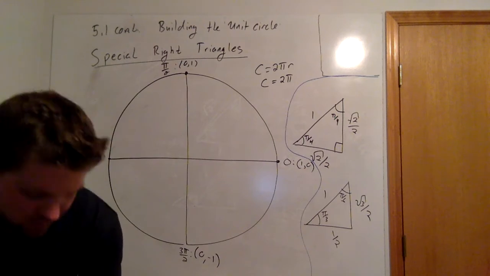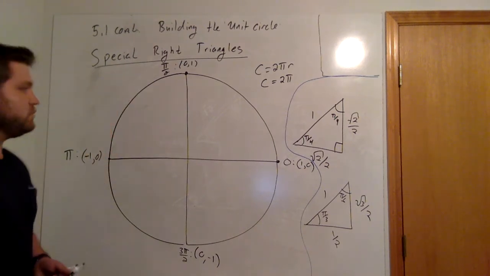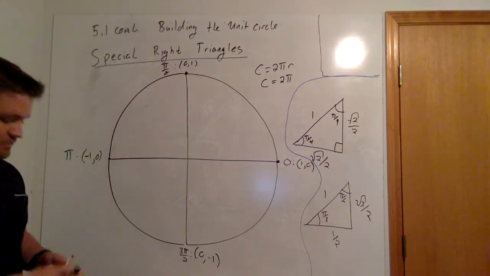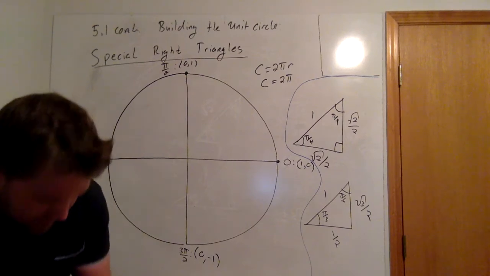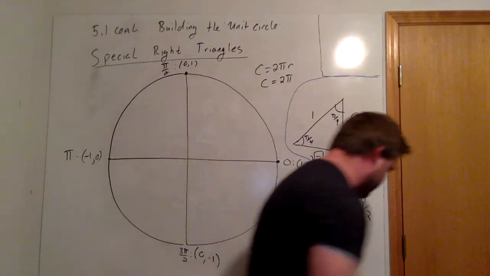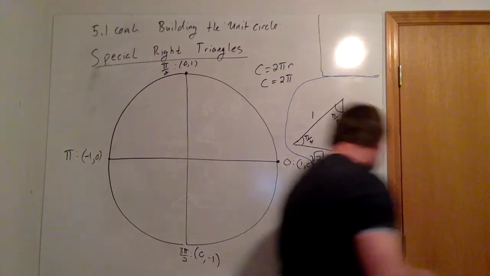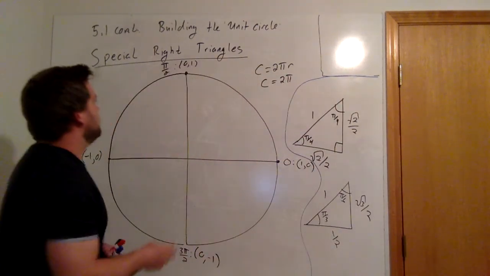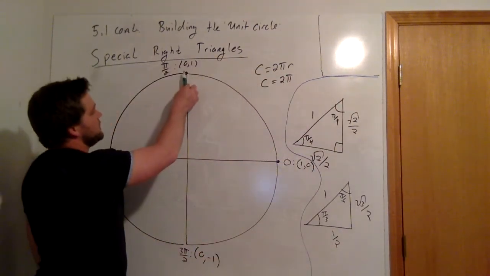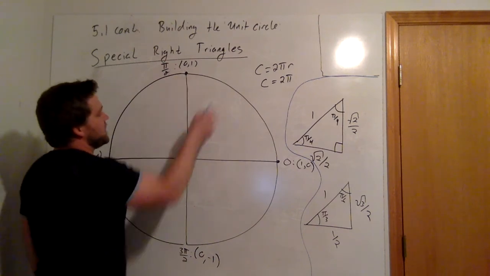The way the unit circle is built is in increments of pi over 4 and in increments of pi over 6. So let's go ahead and do that. Let's do increments of pi over 4. Let's do that in green. Green marker over here. If this is pi over 2 radians around the circle, half of that will be pi over 4.